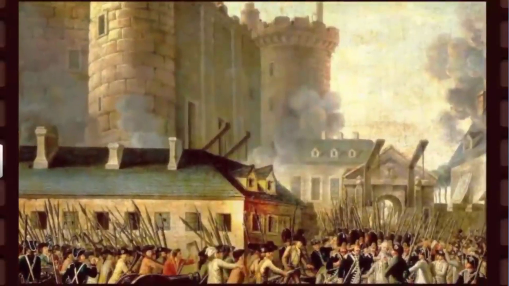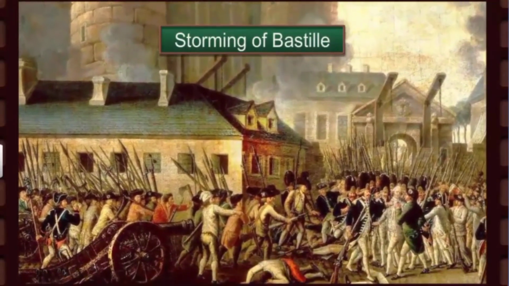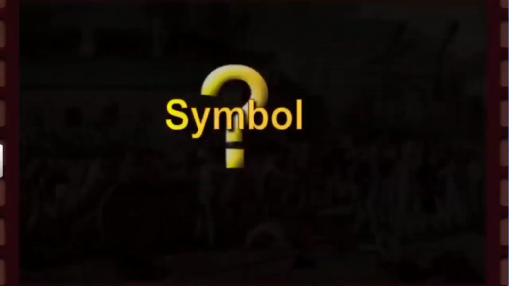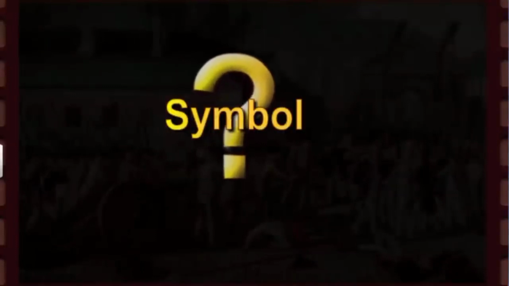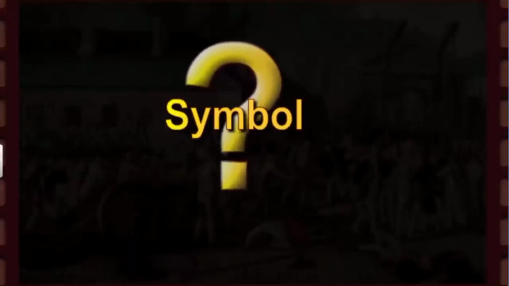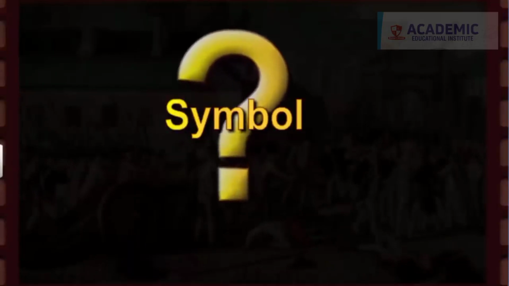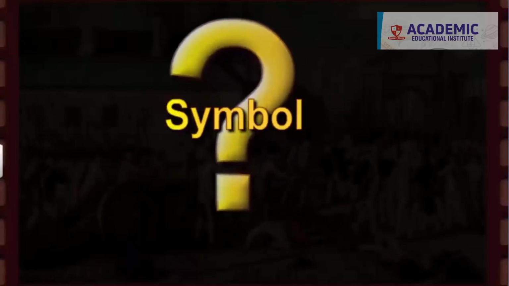The fall of the Bastille has become a popular symbol of people conquering tyranny. A symbol is a visual image that represents something other than itself. It may be a representation using an object, picture, written word, sound, or a particular mark.